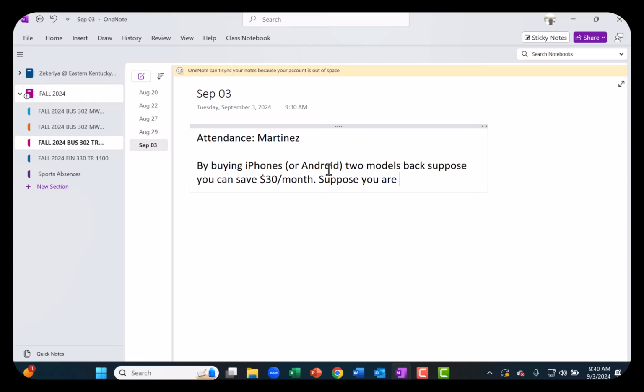Suppose you are 20 years old and plan to retire at age 65.